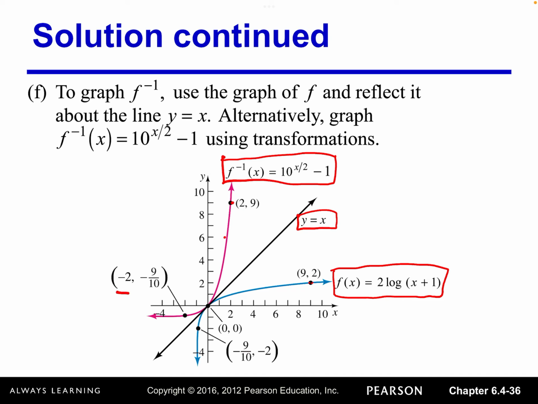For example, this is (-9/10, -2); in the inverse function, the corresponding point will be (-2, -9/10). They both pass through the same x-intercept, the origin (0, 0). That's how we get the inverse function's graph, based on the symmetry with respect to the identity function.